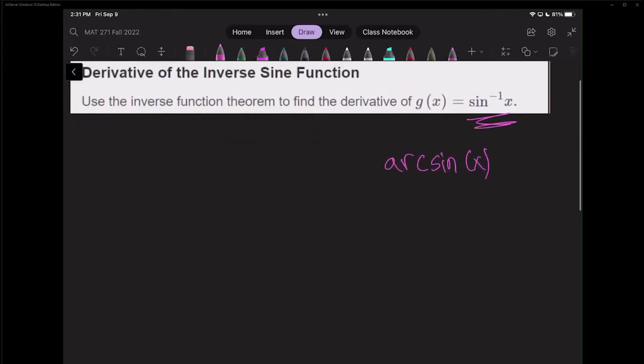So we are going to find the derivative of g of x equals sine inverse of x. I think that we can actually kind of reason our way through this one.